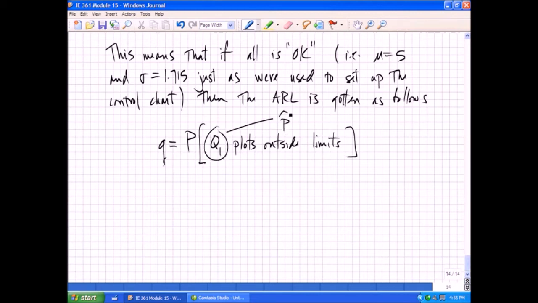In this particular application, what's going to be plotted are sample fractions non-conforming, and that then means that all 5 items in a sample are non-conforming.